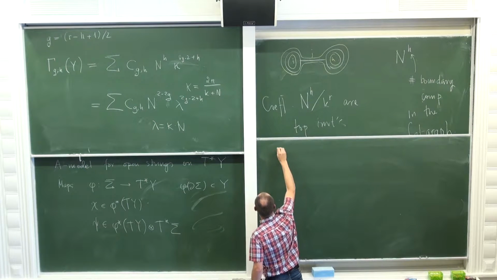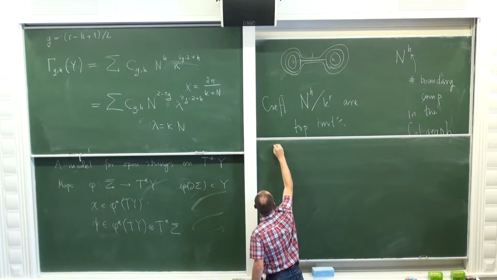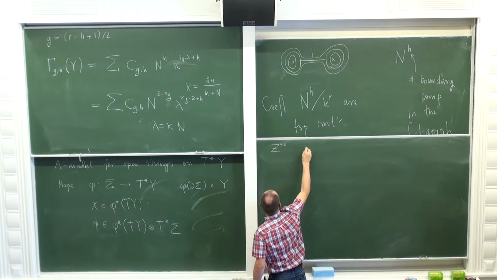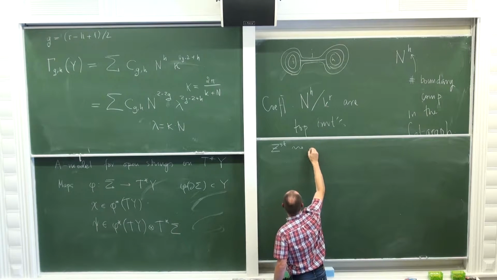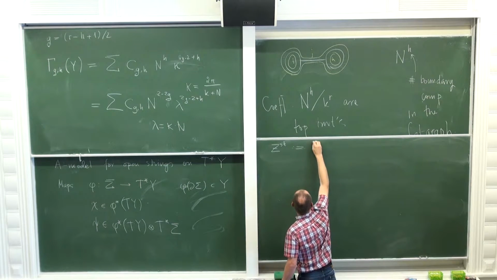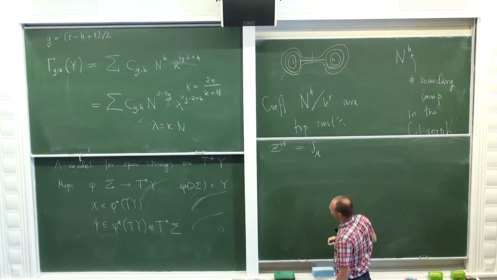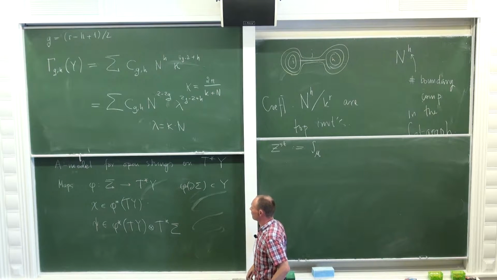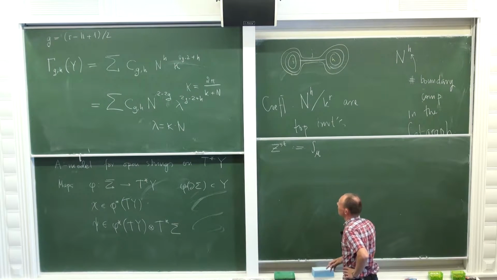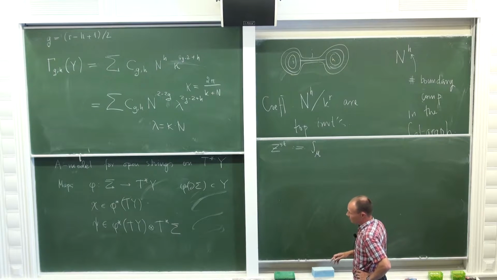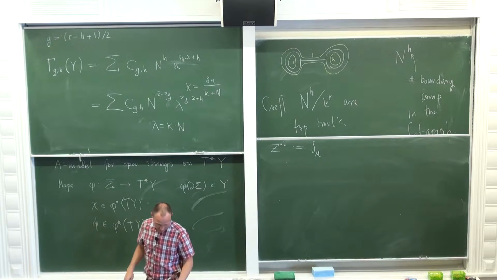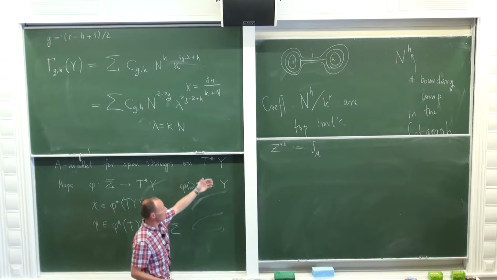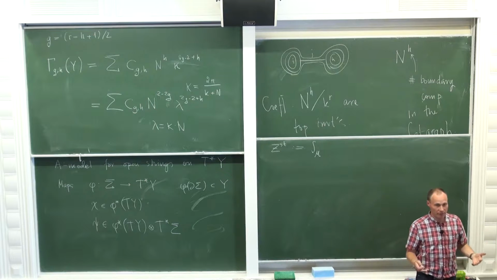So this string partition function turns out to be equal to, let's say, an integral over the moduli space of holomorphic maps with boundary on Y, like this, and then in this particular case, there are no holomorphic maps.